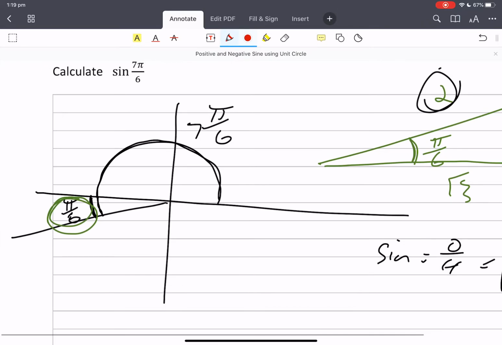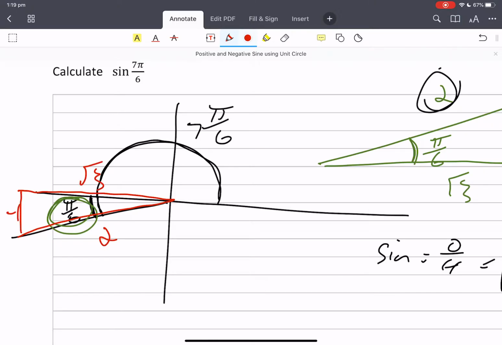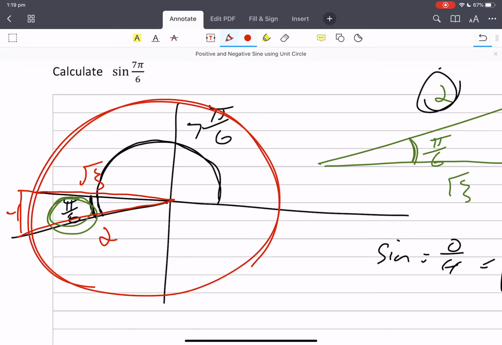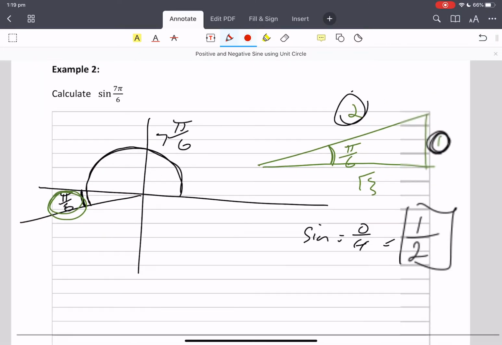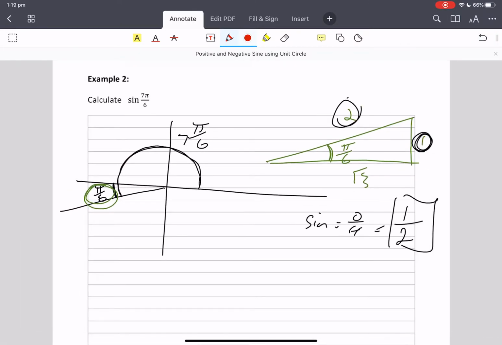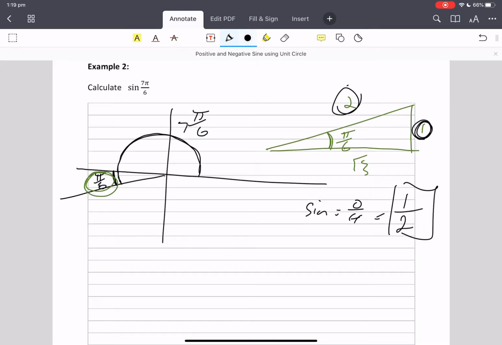Some teachers, some textbooks will actually draw the triangle in here and go 2, root 3, negative 1, but it makes this whole diagram very, very messy. I much prefer the 2 separate simple diagrams, less errors. Okay, so we know that sine 7 pi on 6 is going to be a half.